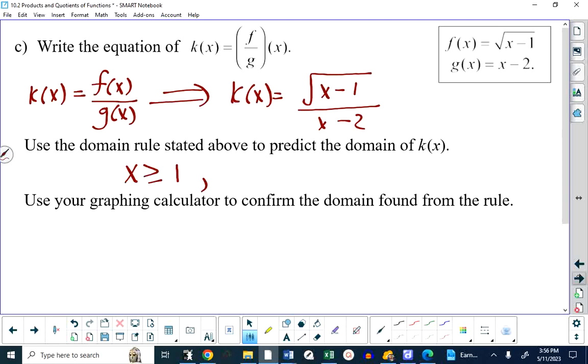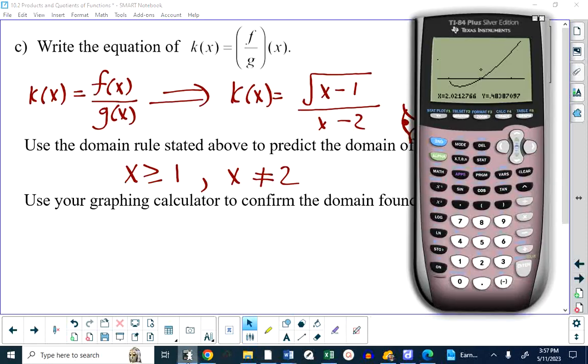Unfortunately, 2 is a number greater than or equal to 1, and when we eyeball x minus 2, you can see that since you're dividing by x minus 2, x cannot be equal to 2, which means x must be greater than or equal to 1, but not equal to 2. There are other ways you can write that, but I'm not worried about that today.